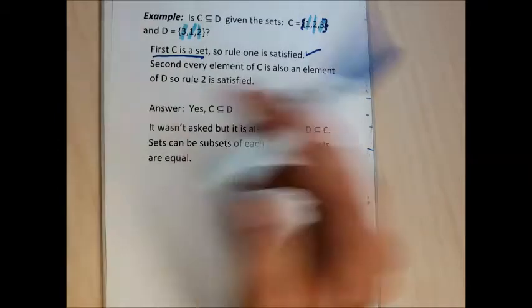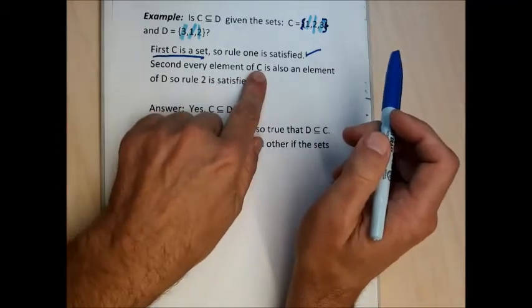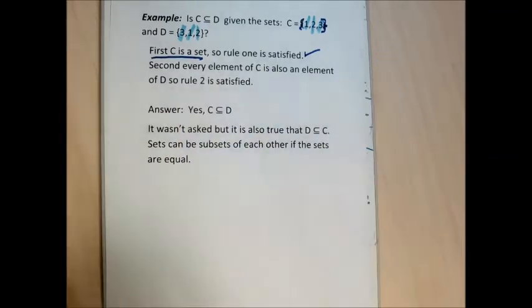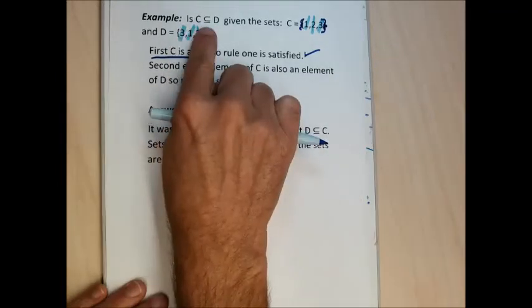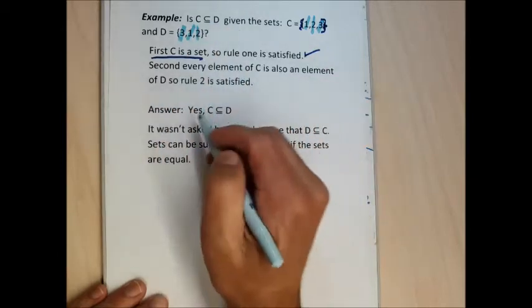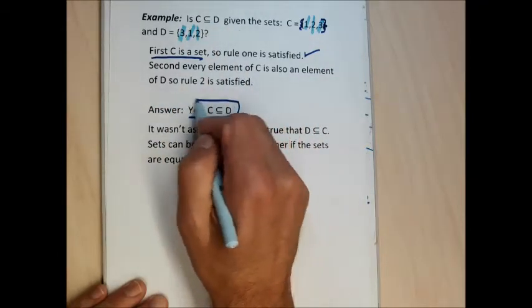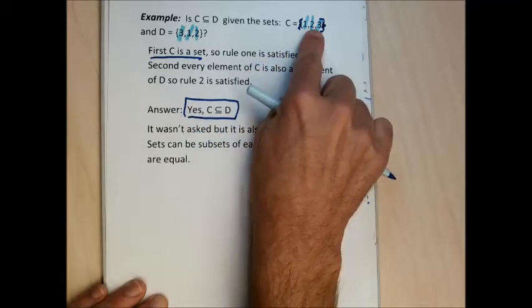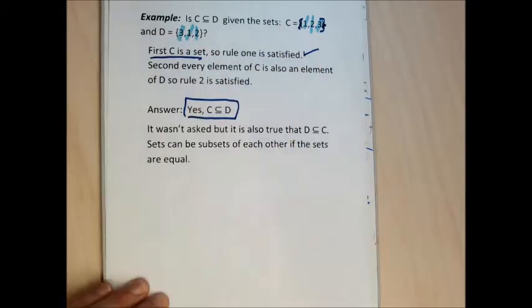Rule 2 is satisfied because every element in set C is also an element of set D. So the answer to "is C a subset of D" is yes, because it meets the two rules. C is a set, and every element of C, 1, 2, and 3, is also an element of D.